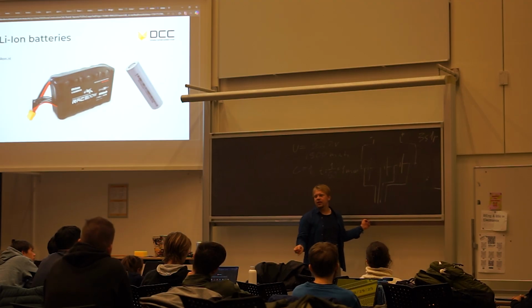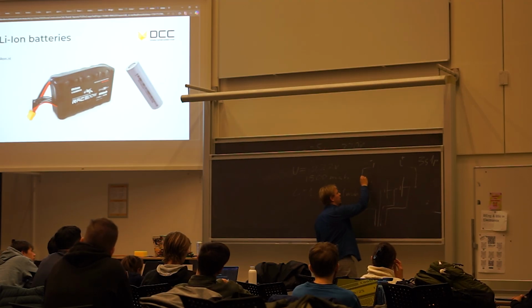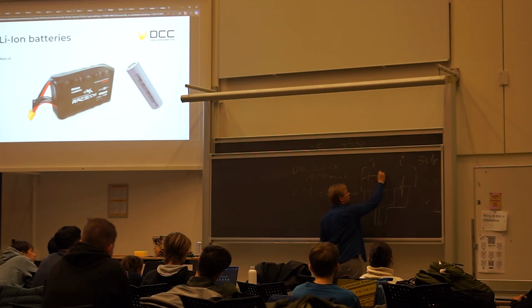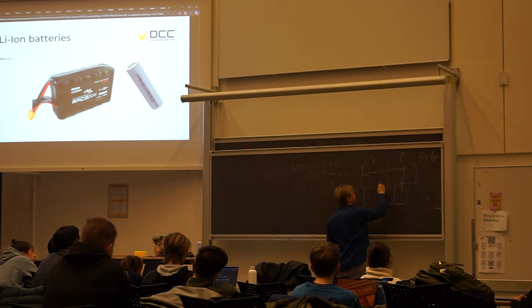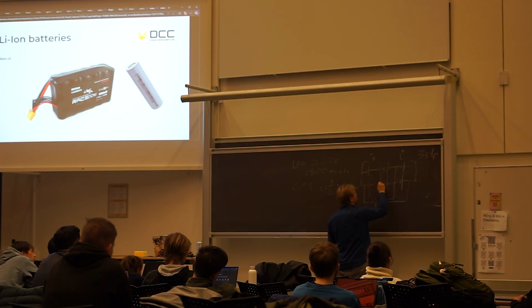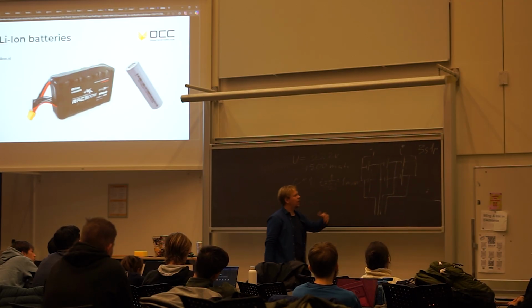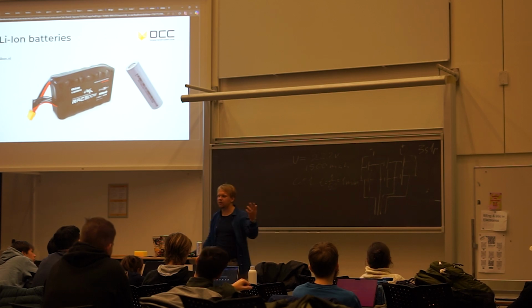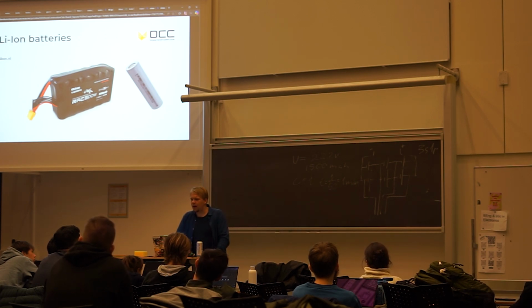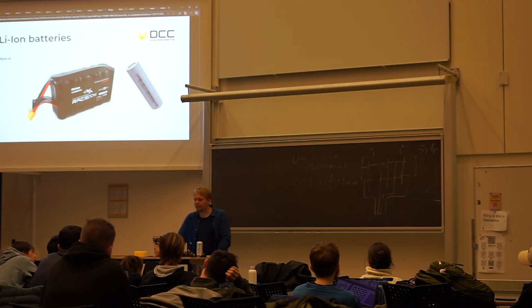If we want more capacity and the same voltage, we can just add 3 more cells in parallel and connect them here. This will still be able to be balance charged. It has 2 cells in parallel and 3 in series. So that's kind of how batteries go.